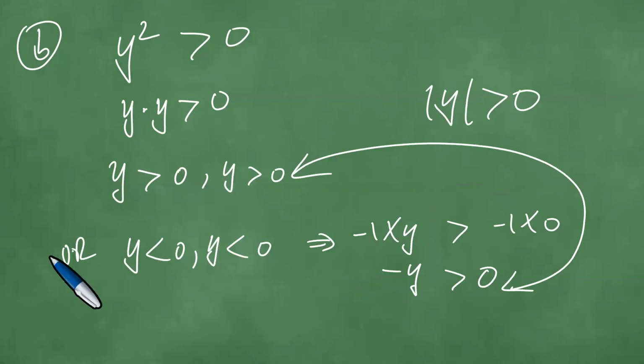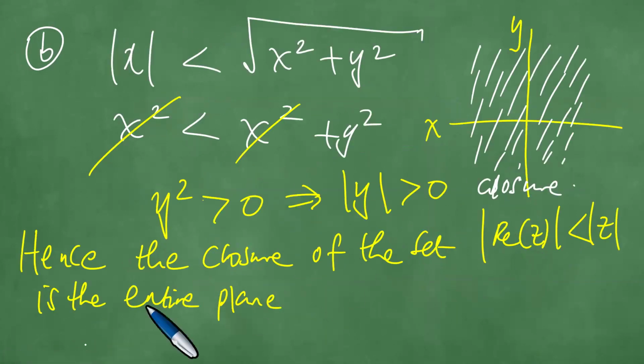Now you sketch y greater than 0. Where is y greater than 0? Obviously we're looking at the closure of this. This was not including y equal to 0. It was saying y is greater than 0, but the closure includes 0. So in the end, you have the entire plane for part B.